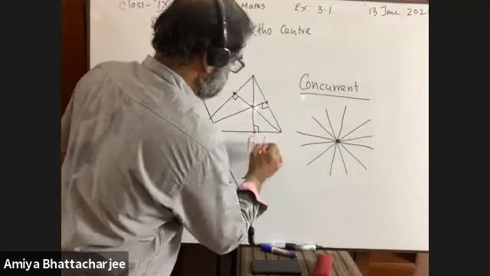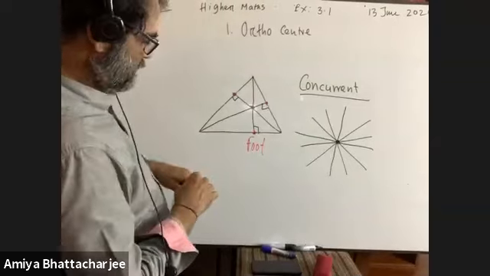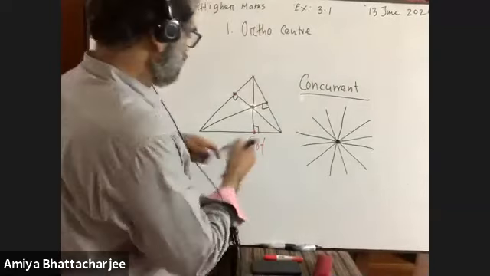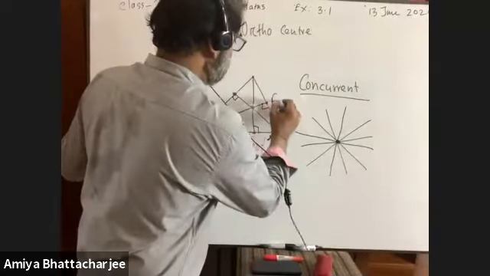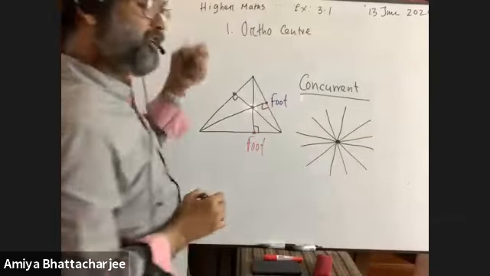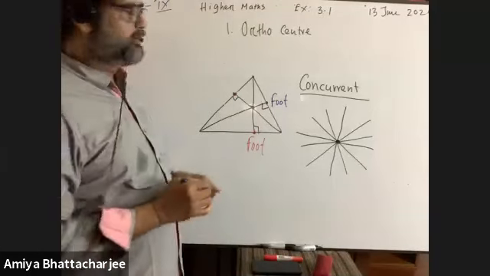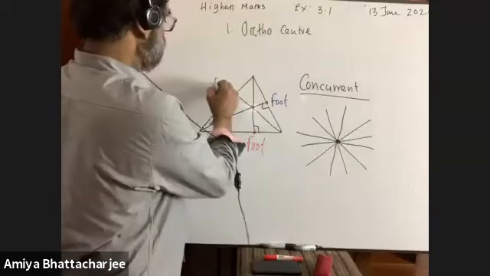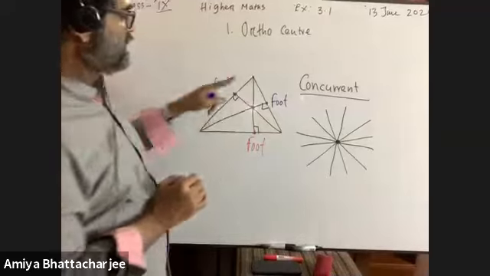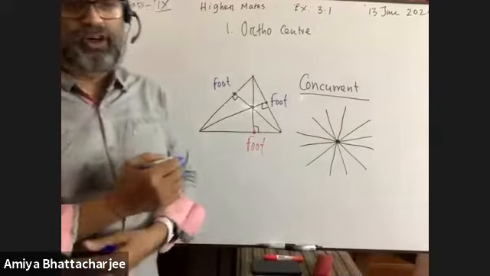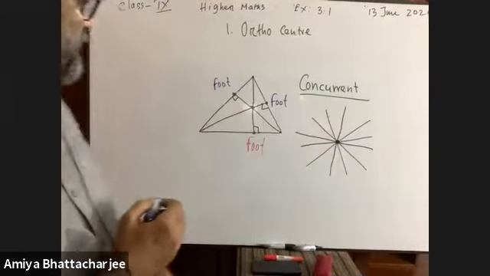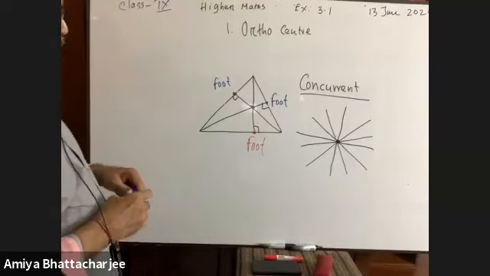Have you got it? Yes, sir. So write down: this is known as foot. In mathematics, from now onward, you have to use this word. What is the name of this point? Foot. So we have got 3 feet. Very good.